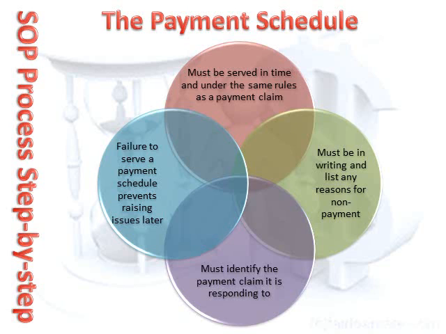It is better to list a reason you might want to rely on and then not use it in the adjudication, rather than not list a reason that you may then want to rely on later. If you fail to serve a payment schedule, then you may not put in an adjudication response.